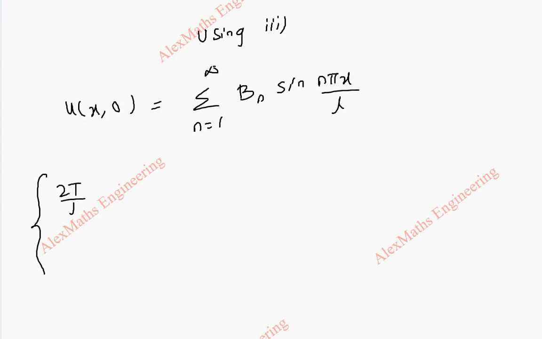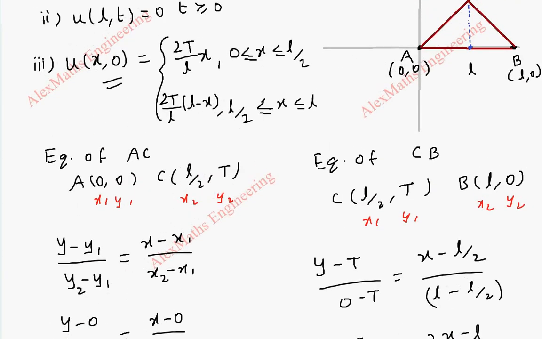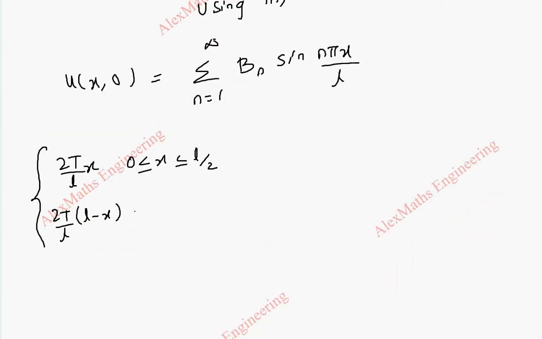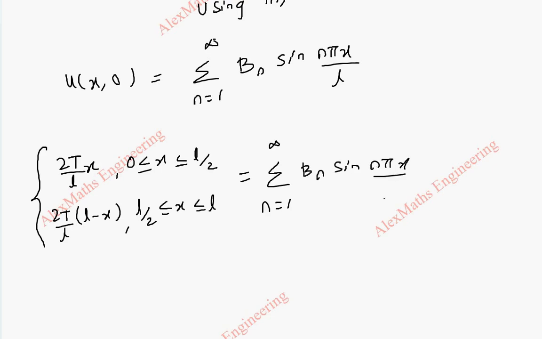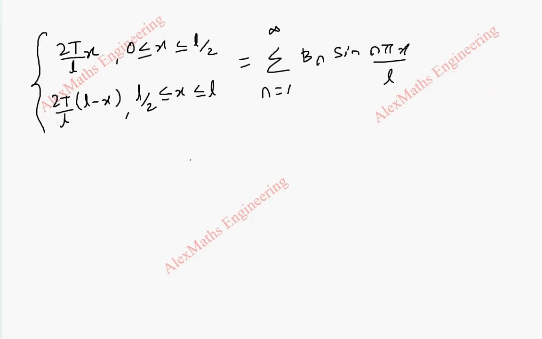It is 2h/L x when 0 ≤ x ≤ L/2. The other one is 2h/L (L − x) for x ranging from L/2 ≤ x ≤ L. So we have this function equal to the summation from n is 1 to infinity Bn sin(nπx/L), and this is the half range Fourier sine series.